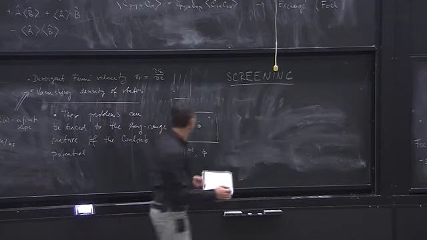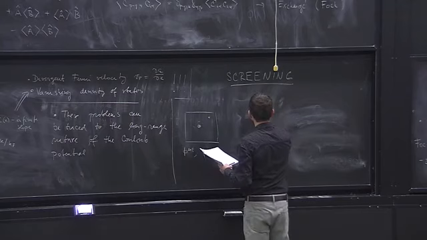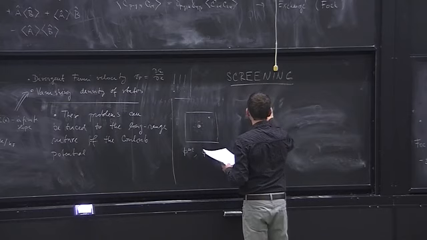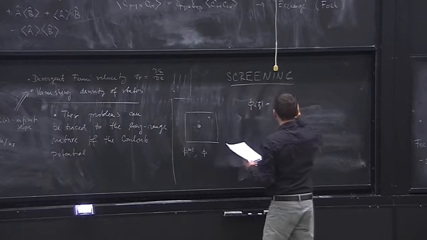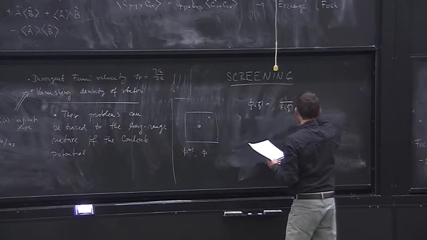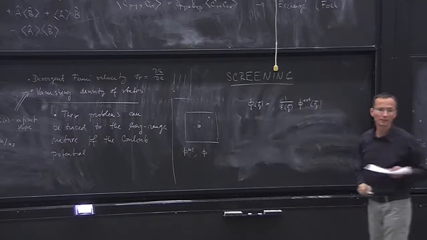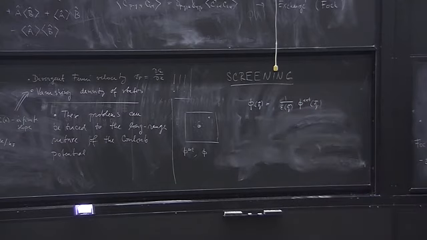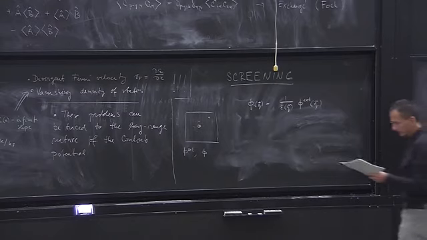And it turns out that in momentum space, the two are related as follows. Phi total of q is related by 1 over epsilon of q times phi external of q, where epsilon is the momentum-dependent dielectric constant in the material.